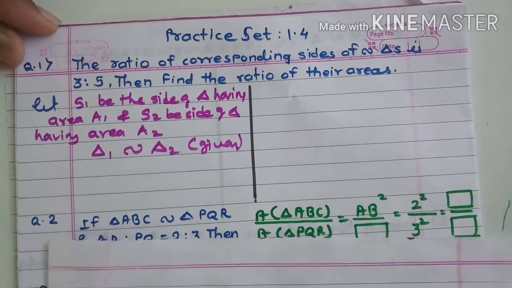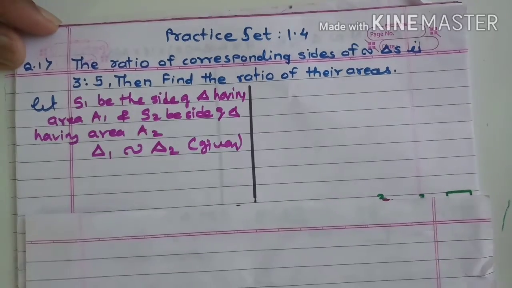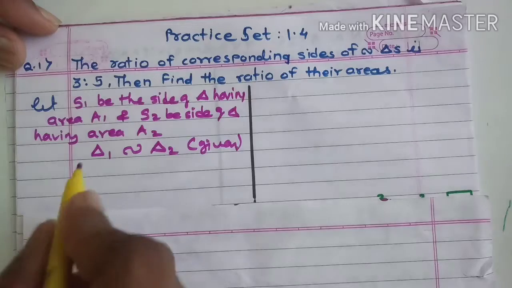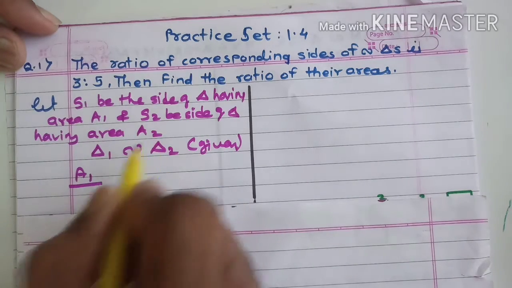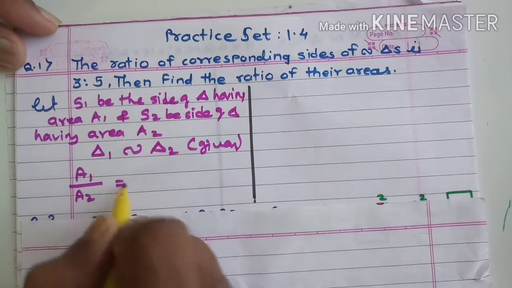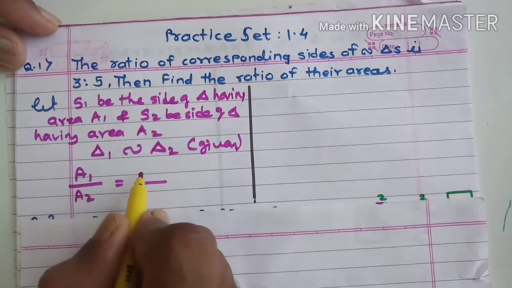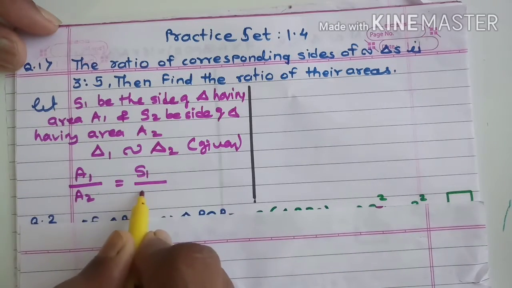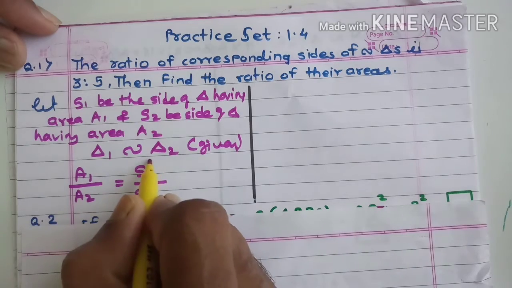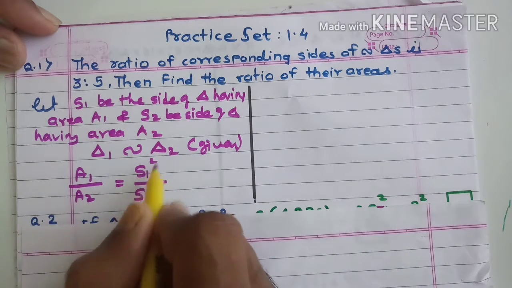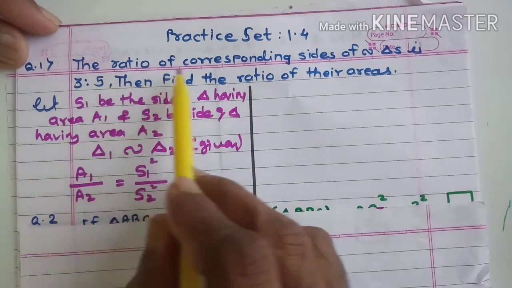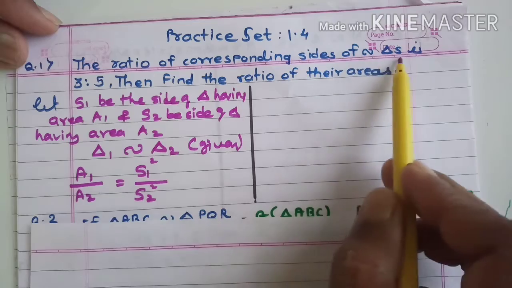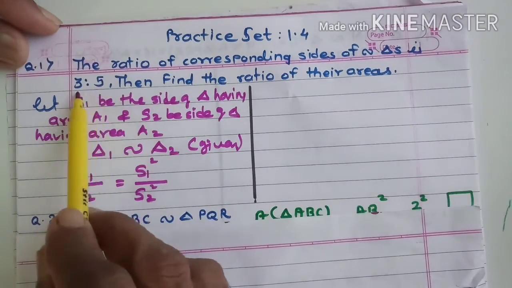Therefore, if triangles are similar, then what we studied is that the ratio of areas of two triangles, that is area of triangle 1, A1, upon area of triangle 2, A2, is equal to the corresponding sides S1 and S2, but it should be squared, so S1 square upon S2 square. Now they have given the ratio of corresponding sides of similar triangles is 3:5.